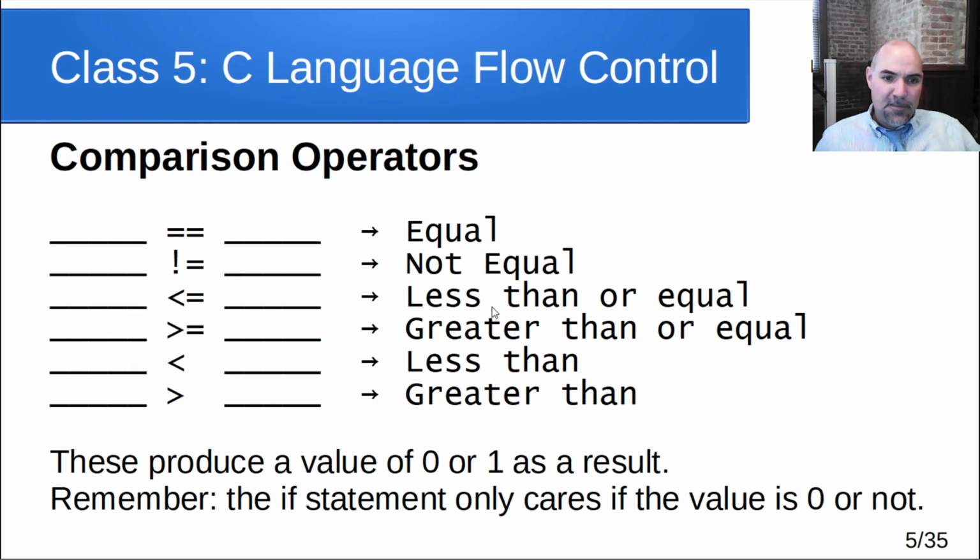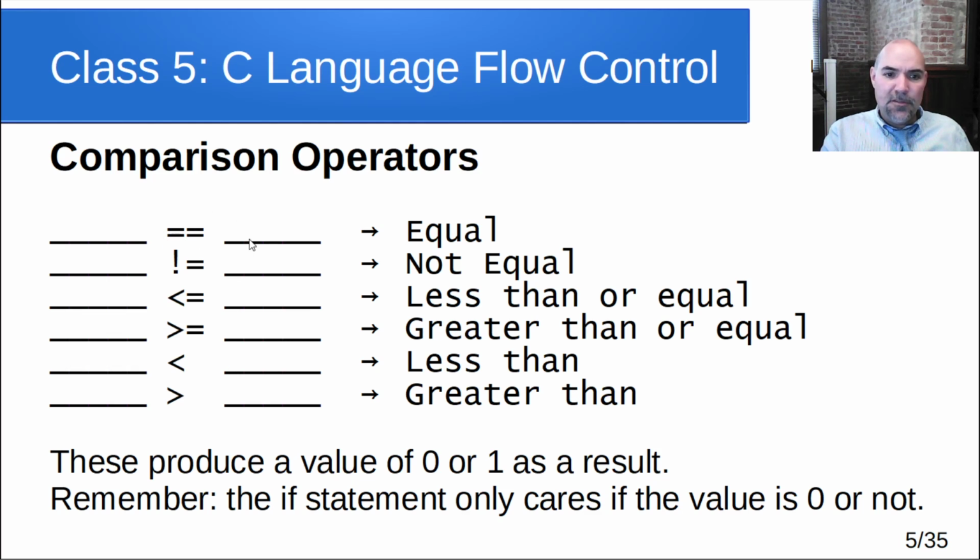But one of the things that makes these different is that they don't produce a true and a false as a result. They produce a 0 if the result is false, and a 1 if the result is true. And since the if statement, the part in parentheses, only cares if the value is 0 or not, we can use that as a stand-in for true and false.